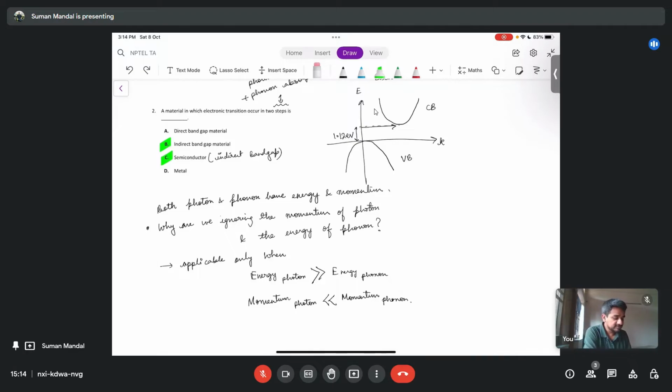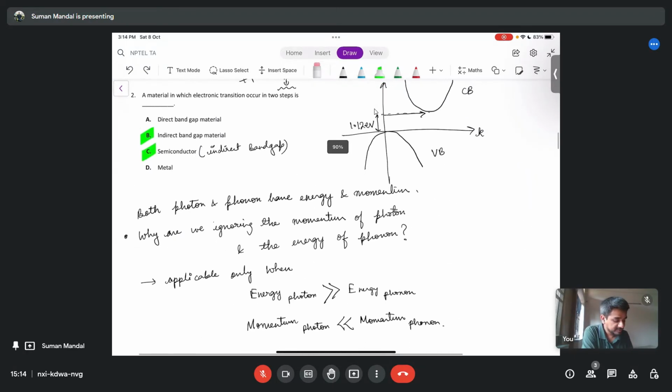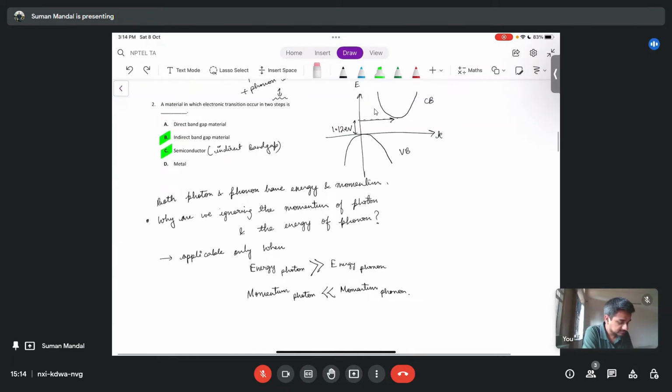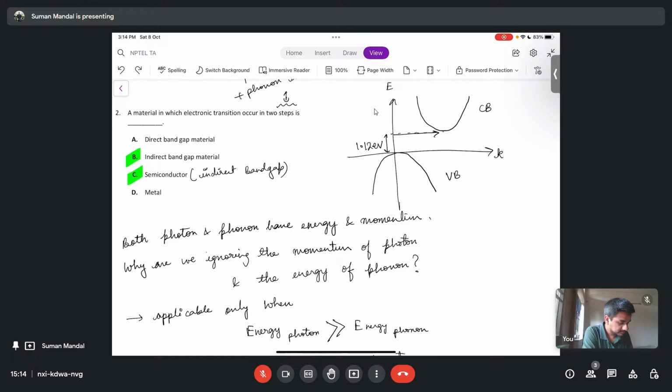So now let's take the example of silicon, which has a band gap of 1.12 eV. Sir, will this be connected to the optical applications? This is for optical applications, like if you want a direct band gap for optical applications. Yes, but we will talk about that later.